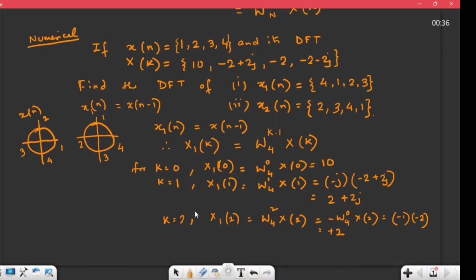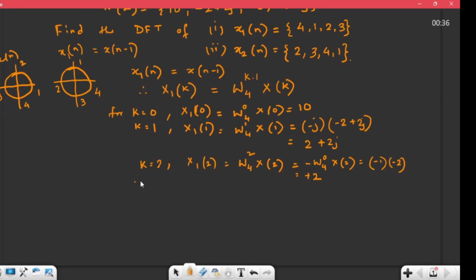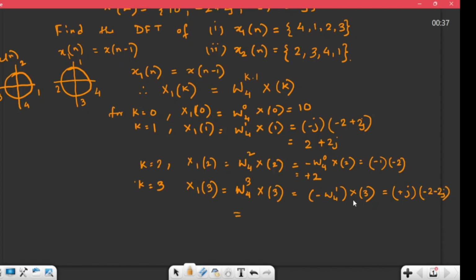For k equal to 3, X1(3) is W4^3 X(3), which is minus W4^1 into X(3), equal to plus j into minus 2 minus 2j, which is minus 2j and minus 2j square, so plus 2.